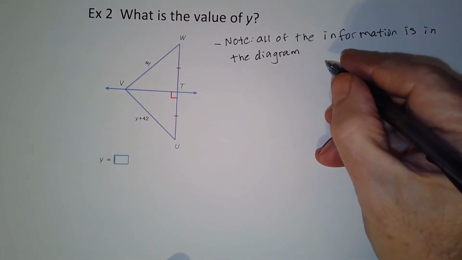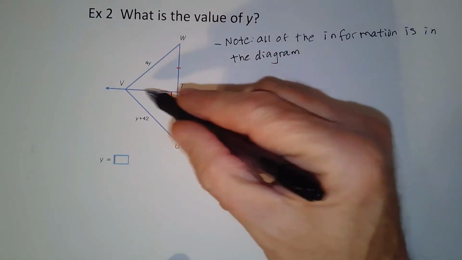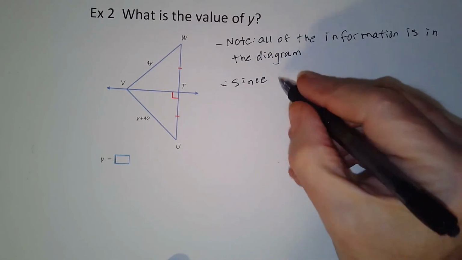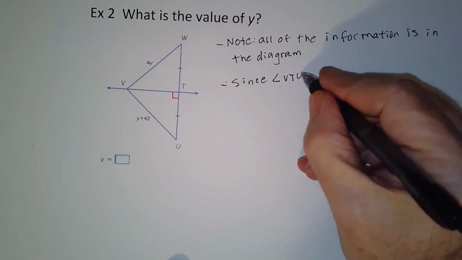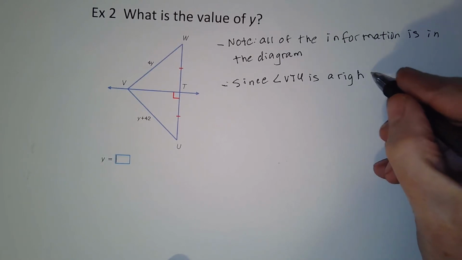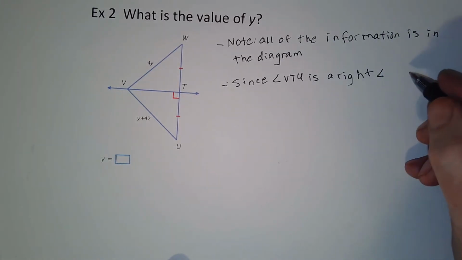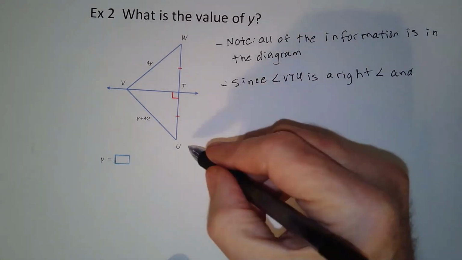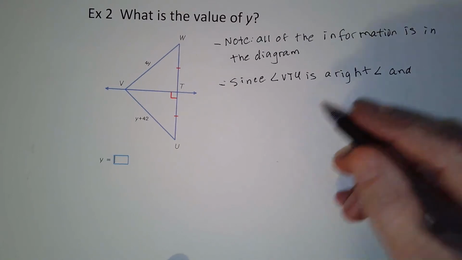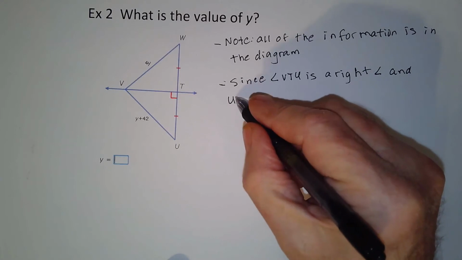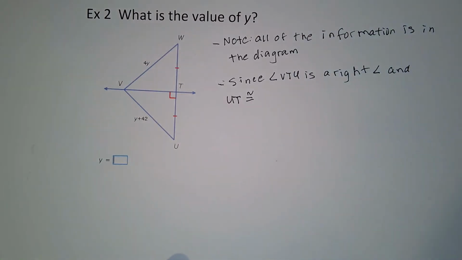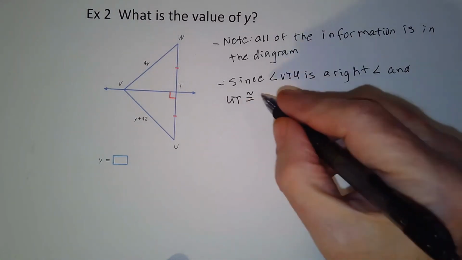Okay, and since angle VTU here is a right angle, we'll write that. Since angle VTU is a right angle, again repeating the perpendicular bisector theorem, UT is congruent to TW.